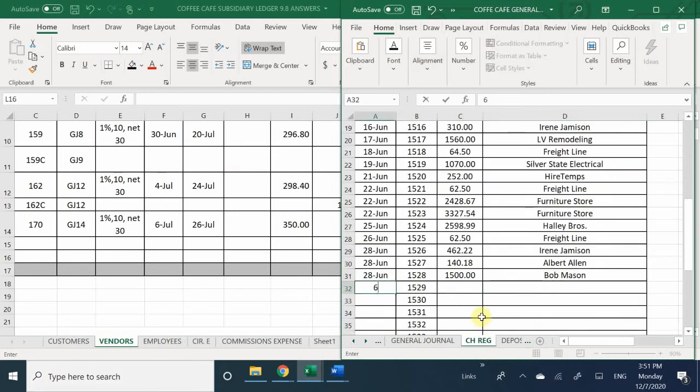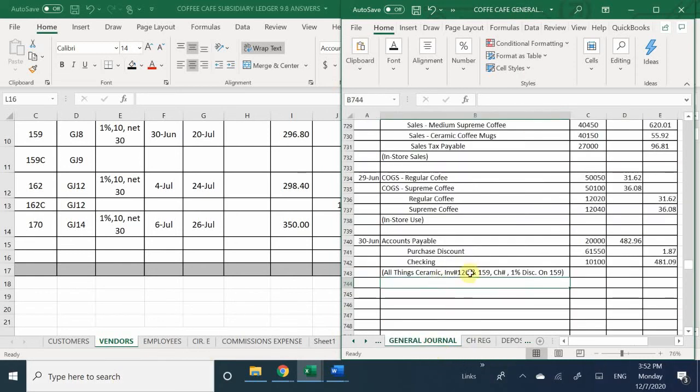That's for the 481.09. Okay, and the check number is 1529. And that is it.